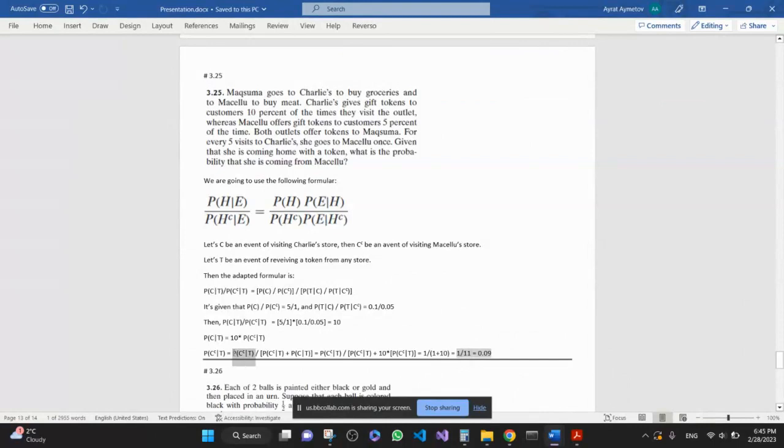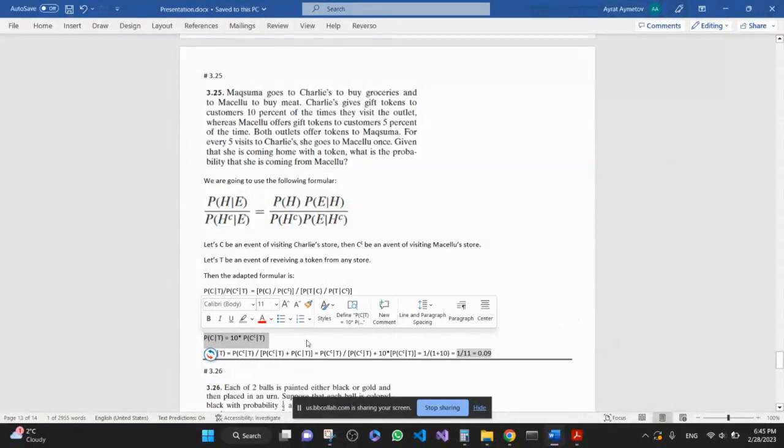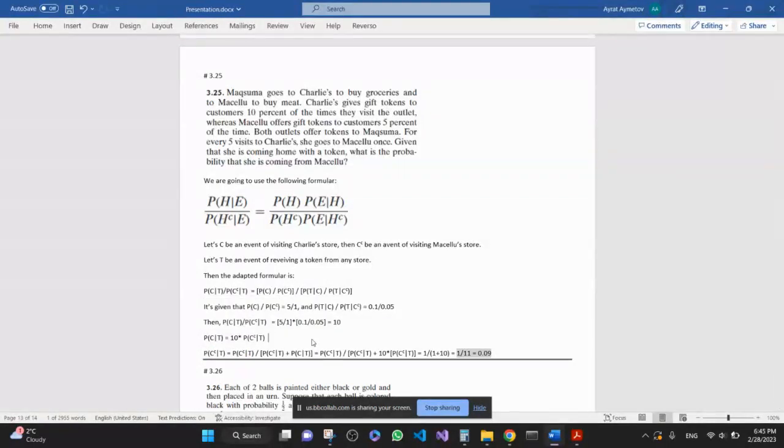I see, that's strange, maybe I should use a different notation for this. Token from Marcelo's store, that's the question, right? But this I got from this proportion. Given that we have it 1 to 10, so it's 1 over 11.